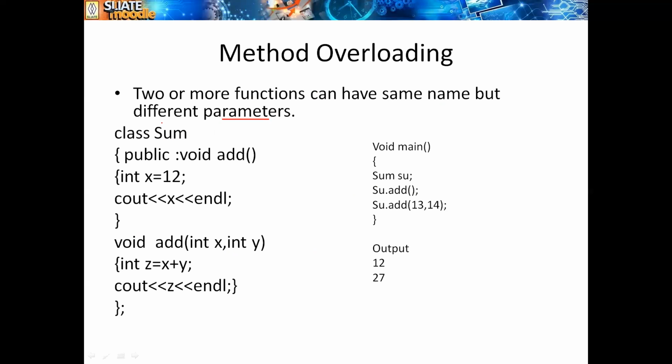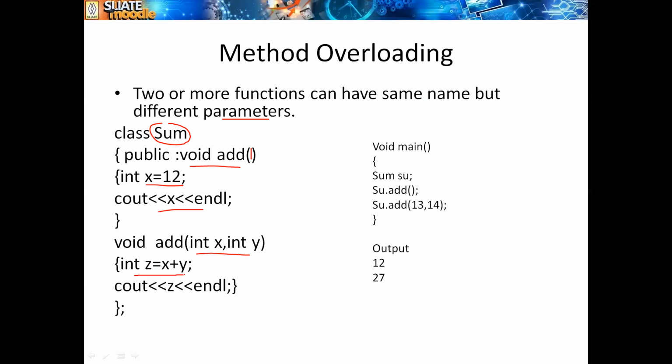Class Sum, public void add, with x equal to the defined inside the method. Two or more functions can have the same name but different parameters. You can see the same method name but different parameters, int x and int y. One has no arguments, the other has two arguments.